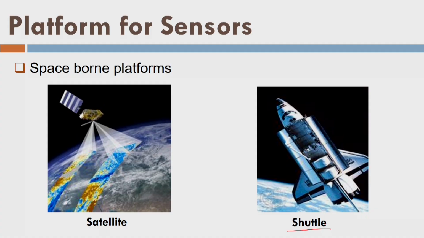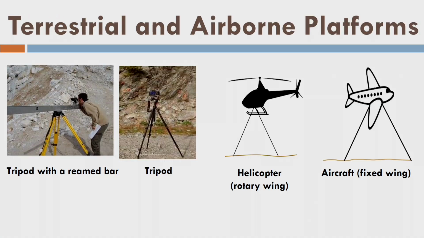Even including, let us say, panchromatic images, or we have the SPOT satellite, which has a linear array sensor, and those were mounted into the satellite. So they were acquiring satellite based information. Similarly, we have shuttles. They can also carry the camera in space.